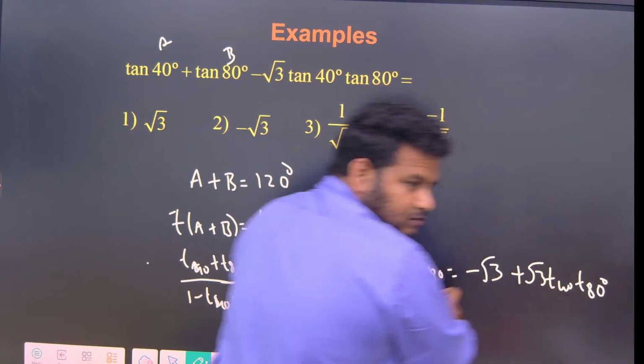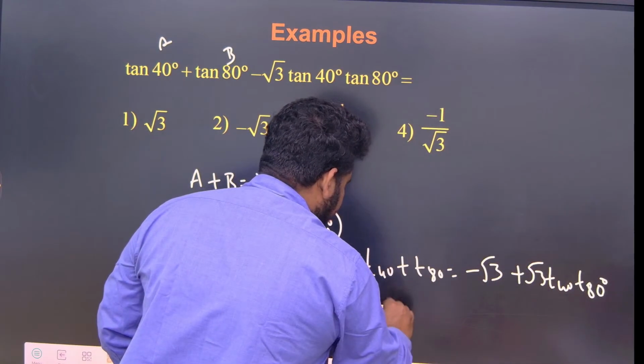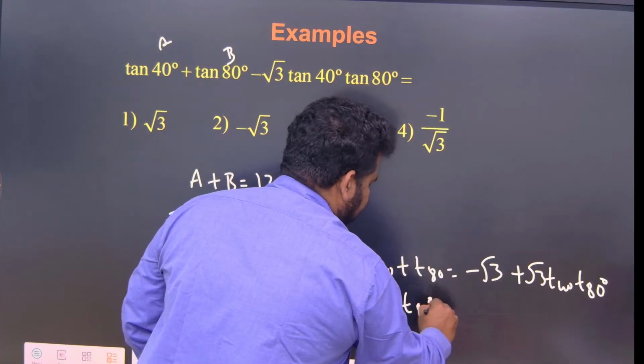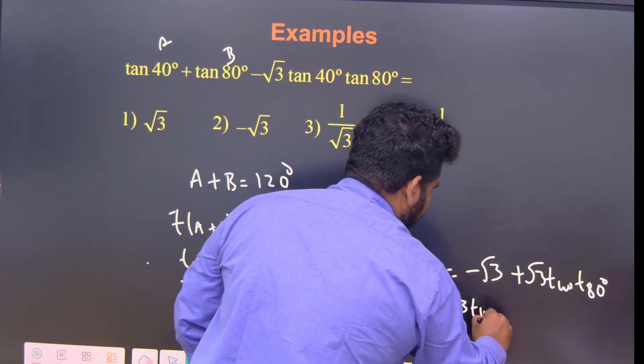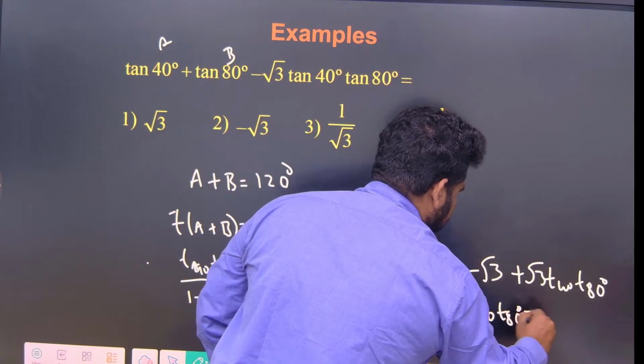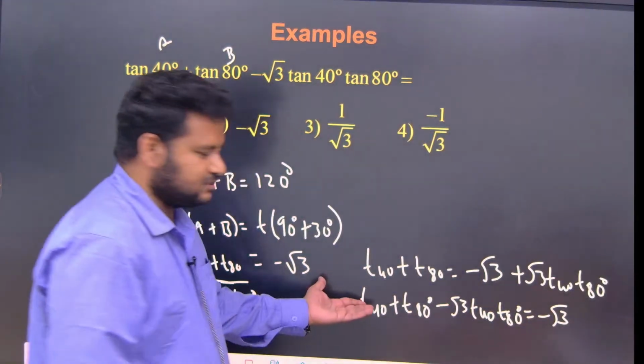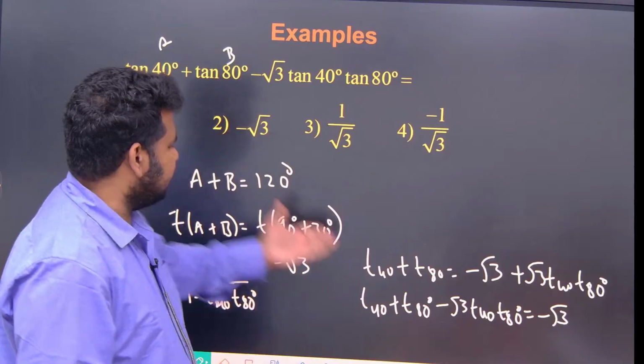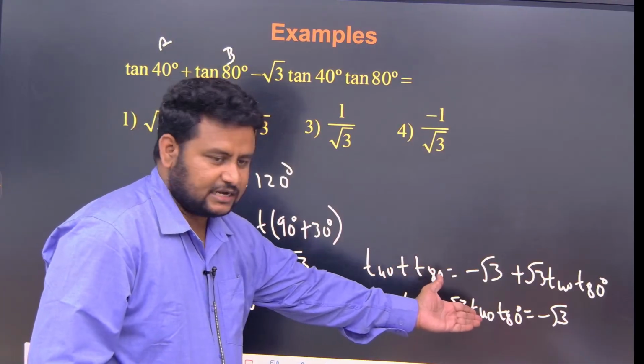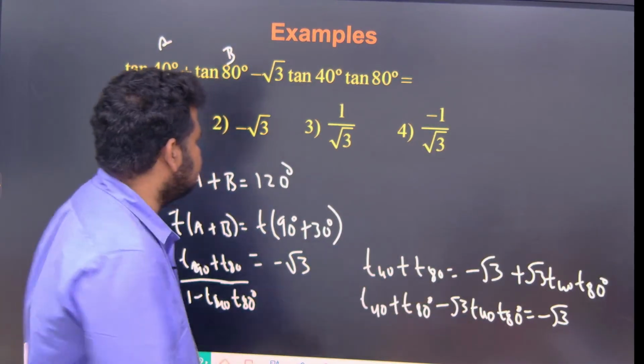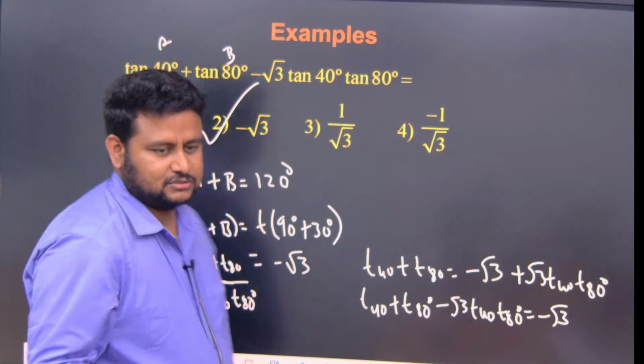Let me bring it to LHS. Tan 40 plus tan 80 minus root 3 into tan 40 tan 80 is equal to minus root 3. That is what we got, which is the second option. That's it. Clear?